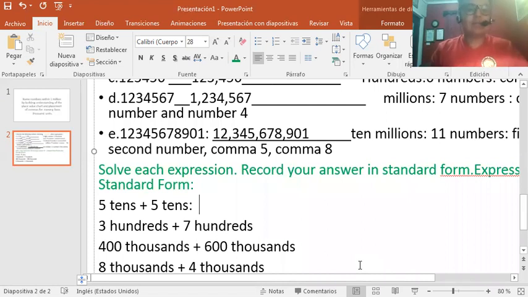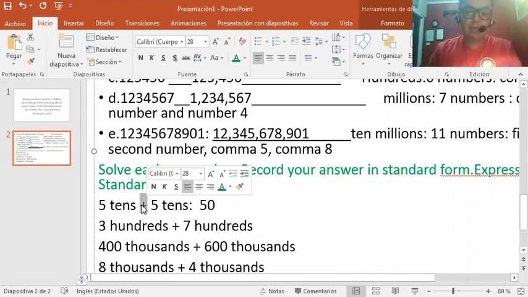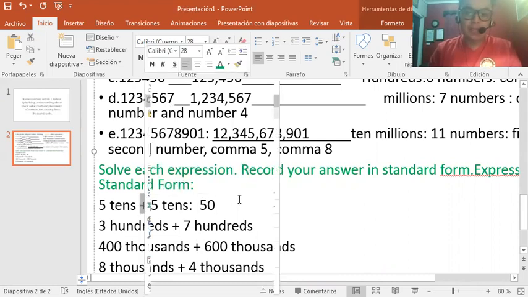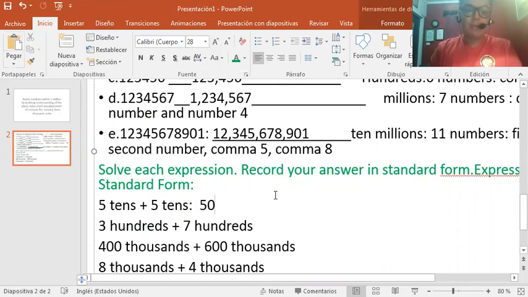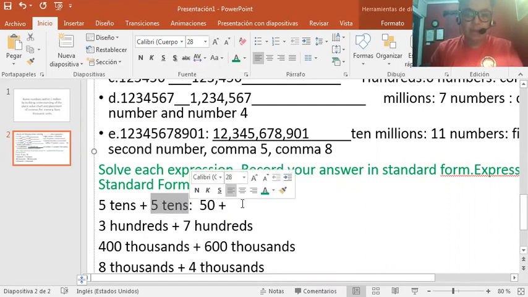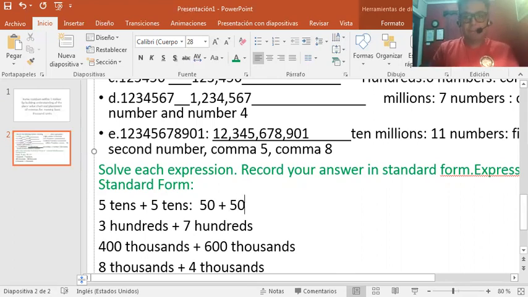So for that reason, we are talking about 5/10, we have to put 50, and we're going to put the plus here, plus the other 50, okay? So we have another 5/10 here. As we're talking about another 5/10, we need to add the other 50.